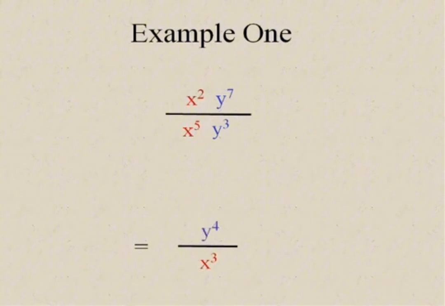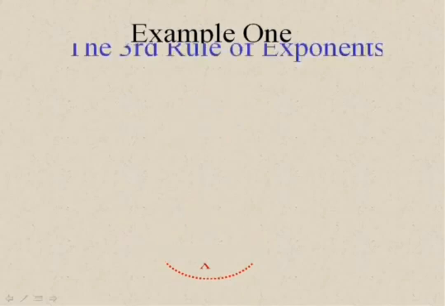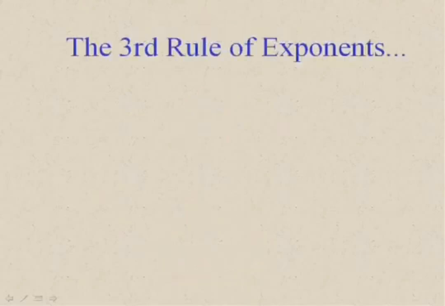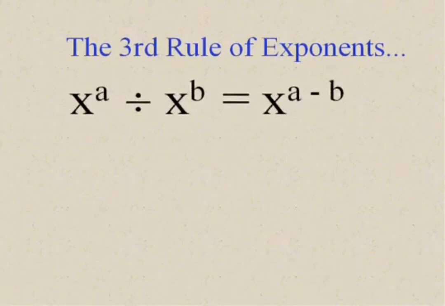It's a lot easier that way, isn't it? So, we have a rule for this, and it'll be our third rule, the third rule of exponents. To divide expressions with exponents, all you really have to do is subtract the exponents. And I always say, subtract the smallest from the largest and put the result where the biggest one was. The biggest one always wins.